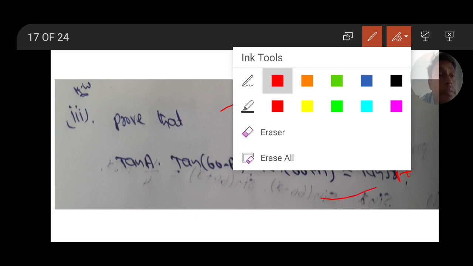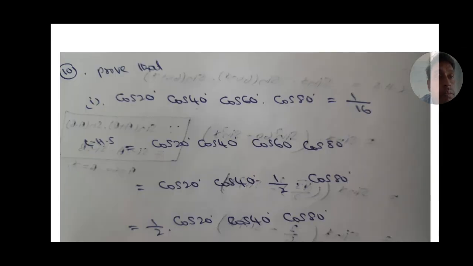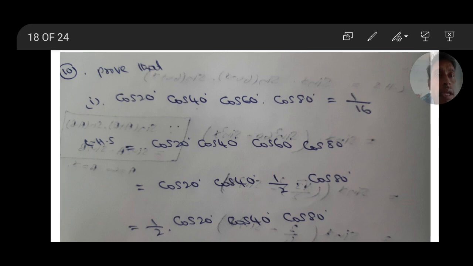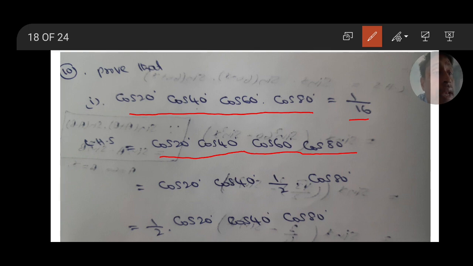Okay, next problem, prove that cos 20, cos 40, cos 60, cos 80 degrees equals 1 by 16. So LHS: cos 20, cos 40, cos 60, cos 80 degrees.